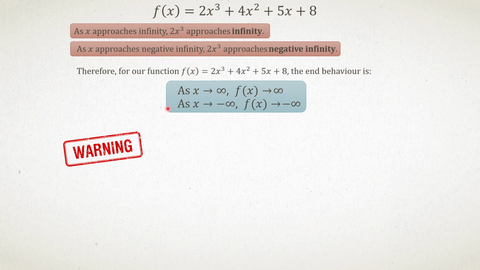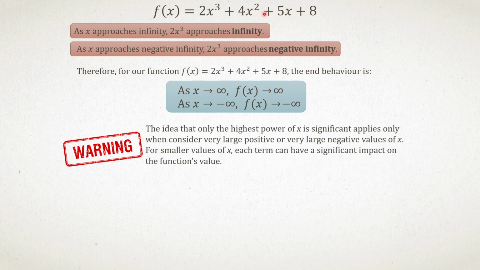Now, a warning, we've been saying things like, once x gets large enough, once we talk about really big positive or negative x values, these terms here don't matter. That is only true because we're talking about large x values, positive or negative. If we're talking about x values that aren't large, these terms have a significant impact on the value of our function.